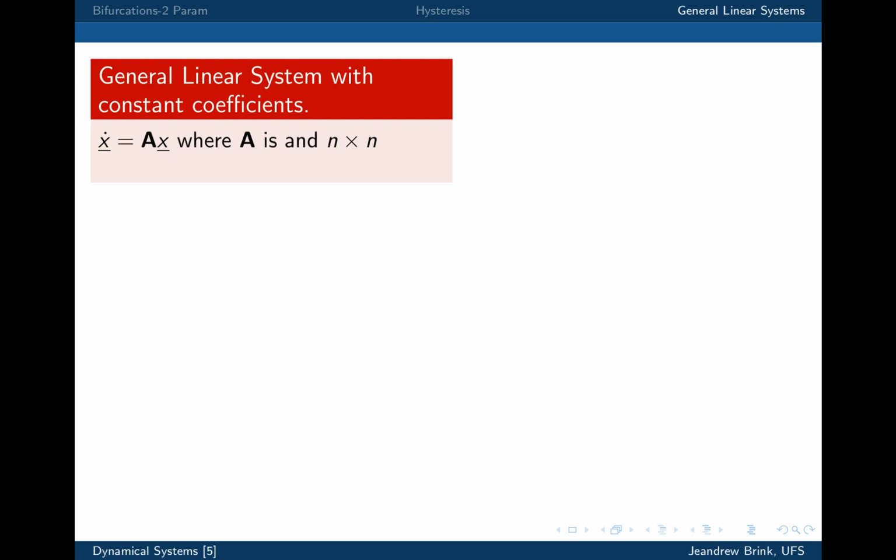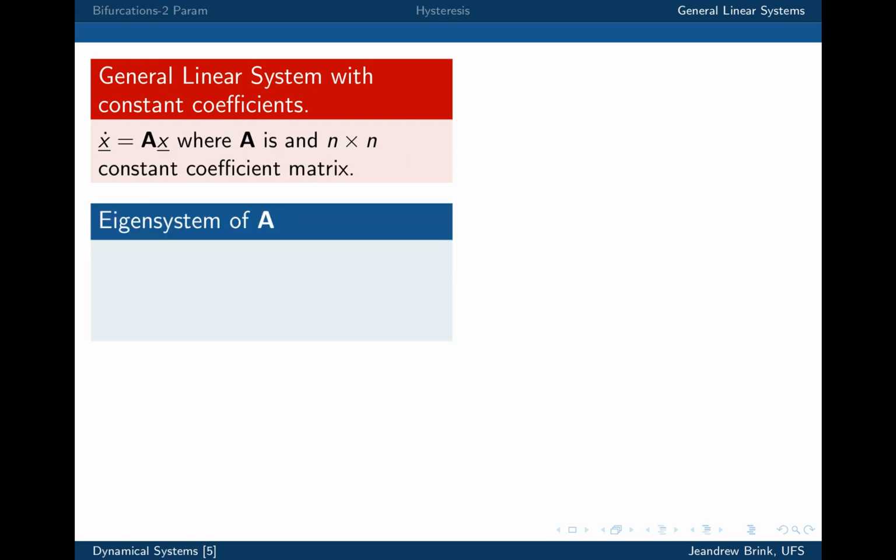Okay, so A is an n by n matrix, and it contains just constants. So that's our definition of a linear system. And what we want to do is solve this equation in general for any A. And the amazing thing is we can actually do it.